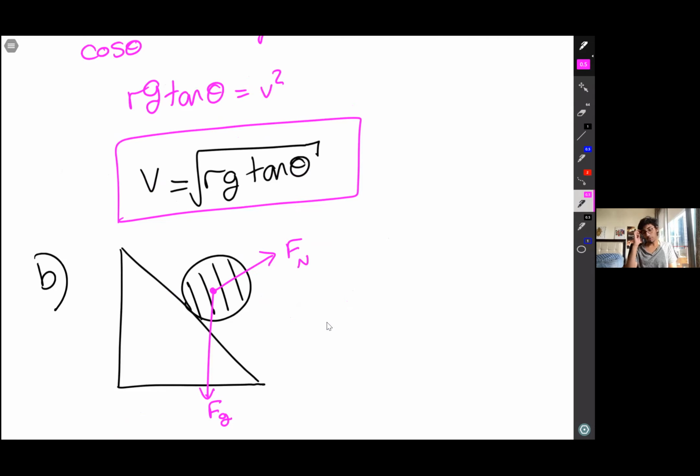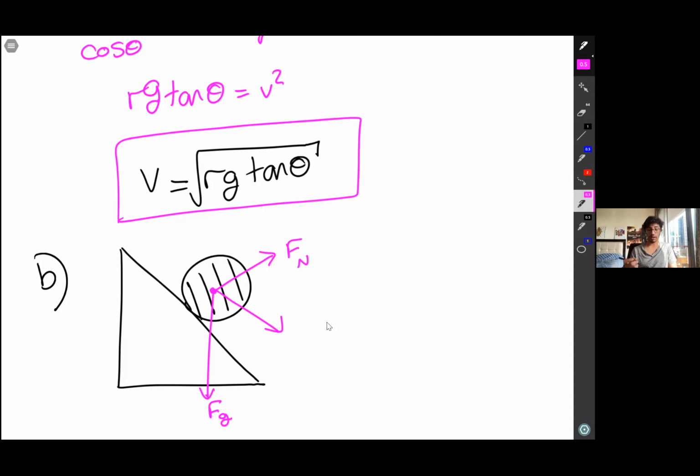Now we have to think about the motion of the car. If it's driving at its maximum velocity, it's going to be going slightly up the incline, right? And since it's moving up the incline, the frictional force has to act in the opposite direction, so the frictional force will act downwards.